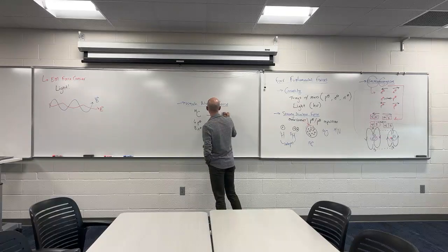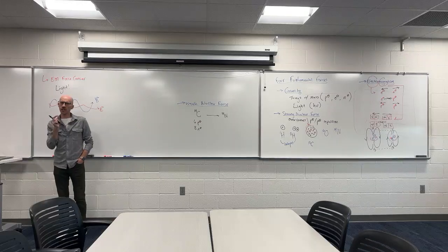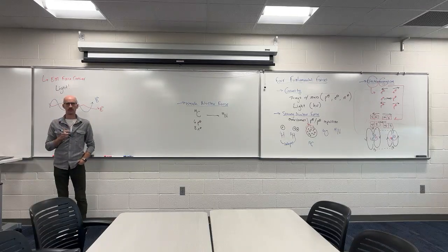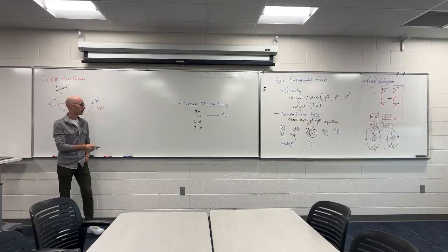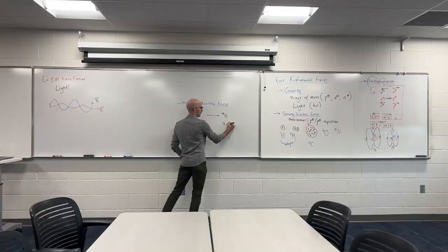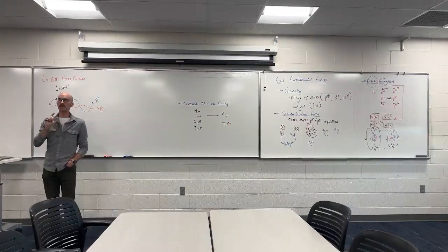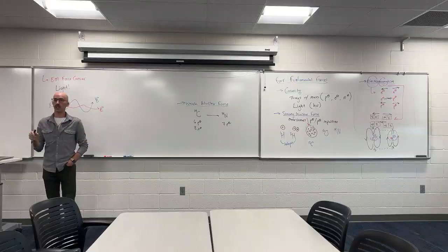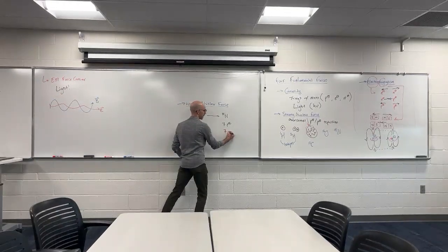Carbon-14 decays into nitrogen-14. What conversion is going on there? Well, it's a different element, which means the number of protons has changed. I went from 6 protons to 7. And the mass is the same, which means the number of neutrons now has to change as well. The neutrons drop down to 7 as well.